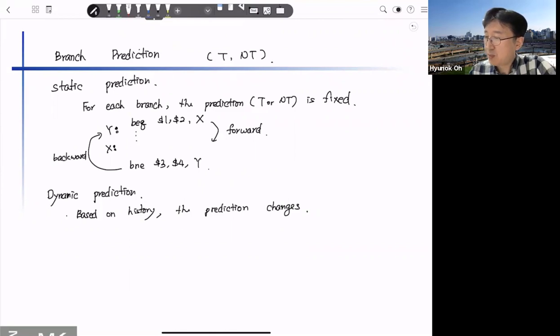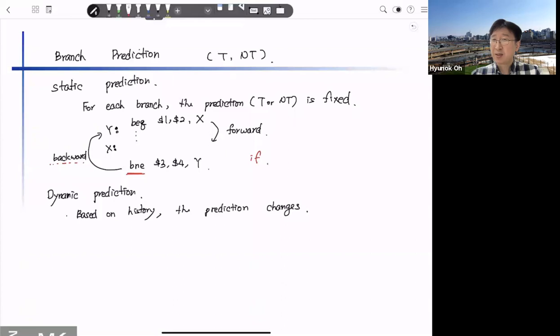Okay. Let's look at this backward. When this backward branching is happening in C code, this branch instruction is generated from the if statement, right? Is there any other statement that generates a branch?